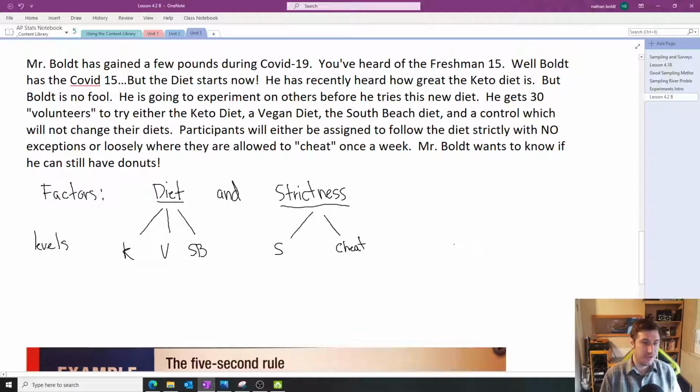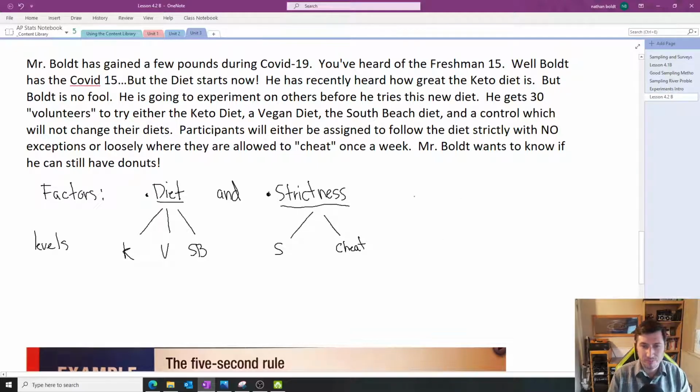All right, so I hope that kind of helps. We've got the factors are your explanatory variables, sort of the big ideas: diet, strictness. And then the levels are different types of those. All right, they're different levels, for lack of a better word. I know it's bad to use a word in its own definition, but there you are.